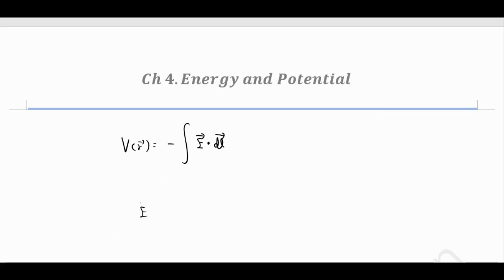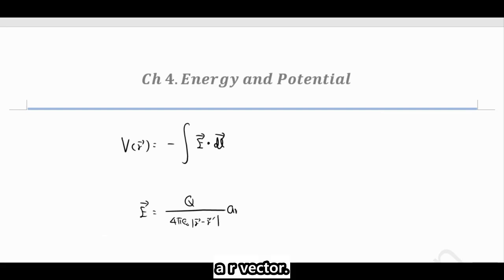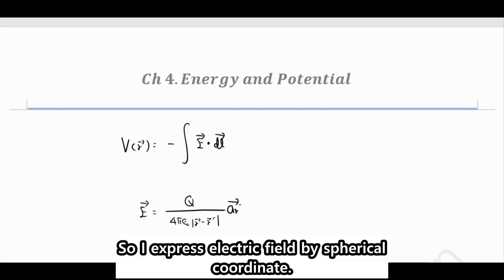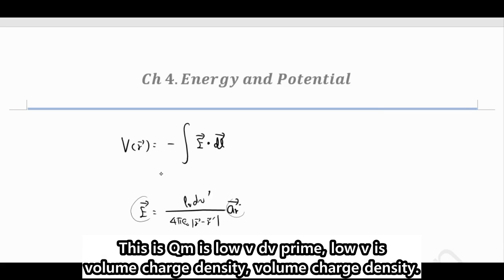The E vector for a volume charge is Q over 4 pi epsilon 0 times the magnitude of r vector minus r prime vector, in the a r direction. So I express the electric field in spherical coordinates. Here Qm is rho v dv prime, where rho v is the volume charge density.